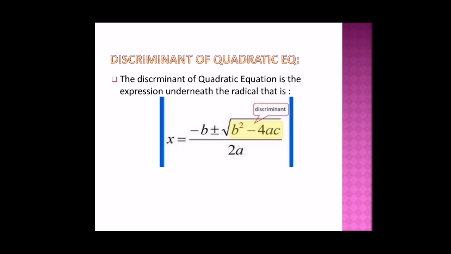So the formula used to find the discriminant of a quadratic equation is b square minus 4ac. First we will solve the sums related to the discriminant and then we will move towards content number 2 of today's lecture.